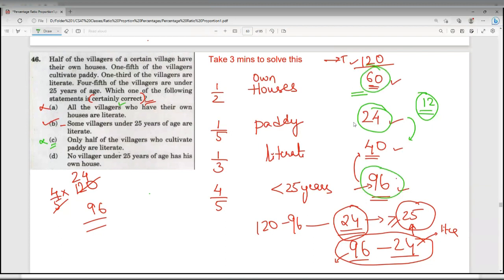We cannot say all the people under 25 have no home. There will be some people who would have homes here. So this is also wrong. So the correct option is option B. I hope you understood this. If you have any doubt, please ask.